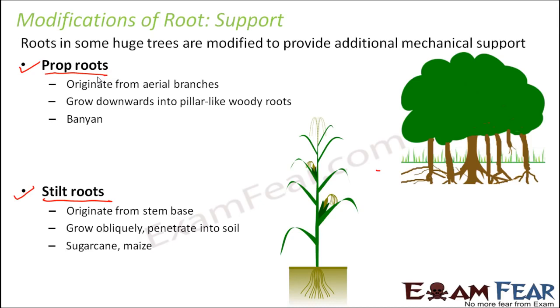Examples of stilt roots are sugarcane and maize. So here if you see, these roots, they arise from the stem base. So this is the stem base and then they arise from here. Initially they are at an angle, not exactly vertically downwards, but gradually they penetrate into the soil. So examples would be sugarcane or maize.